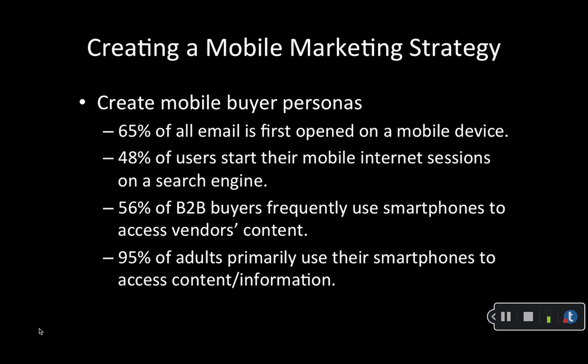Some interesting observations include this. 65% of all email is first opened on a mobile device. 48% of users start their mobile internet sessions on a search engine. 56% of business-to-business buyers frequently use smartphones to access vendors' content. And 95% of adults primarily use their smartphones to access content and information.